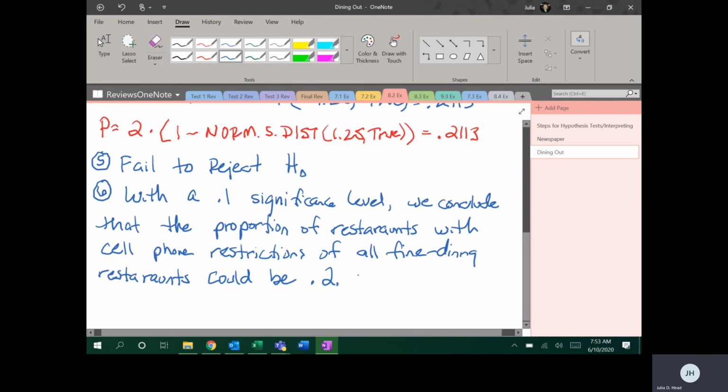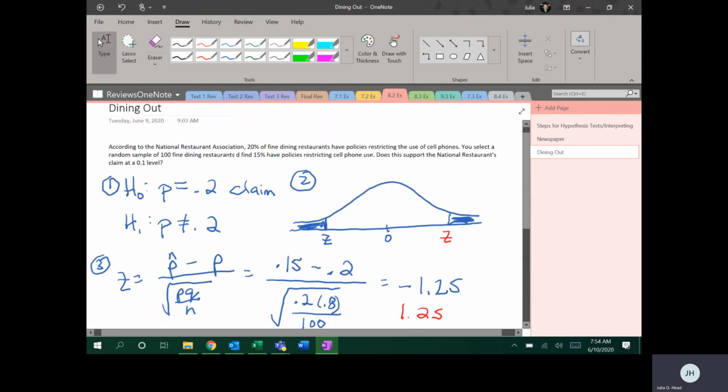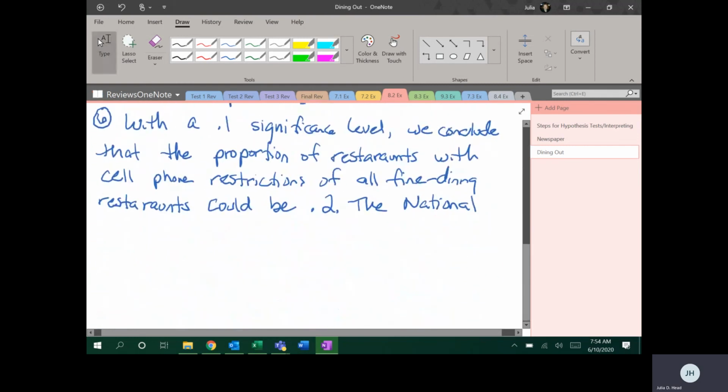And then to talk about the claim, I believe it was the National Restaurant Association, but I'll double check. Yeah, the National Restaurant Association.